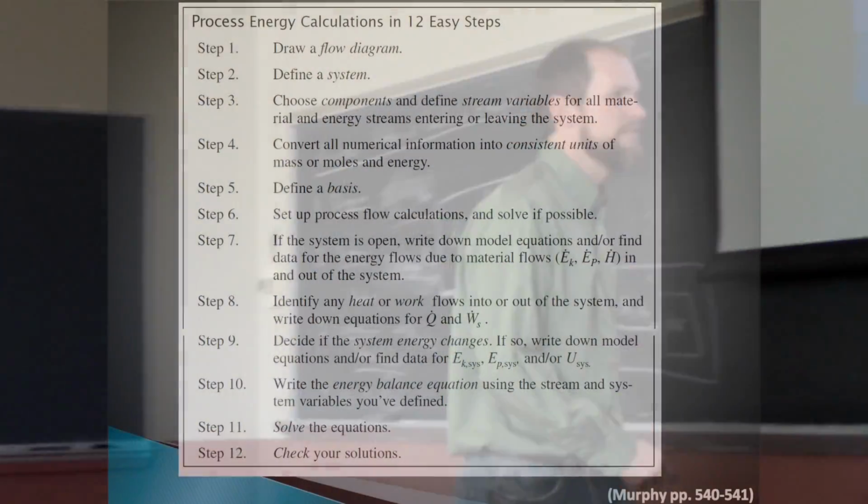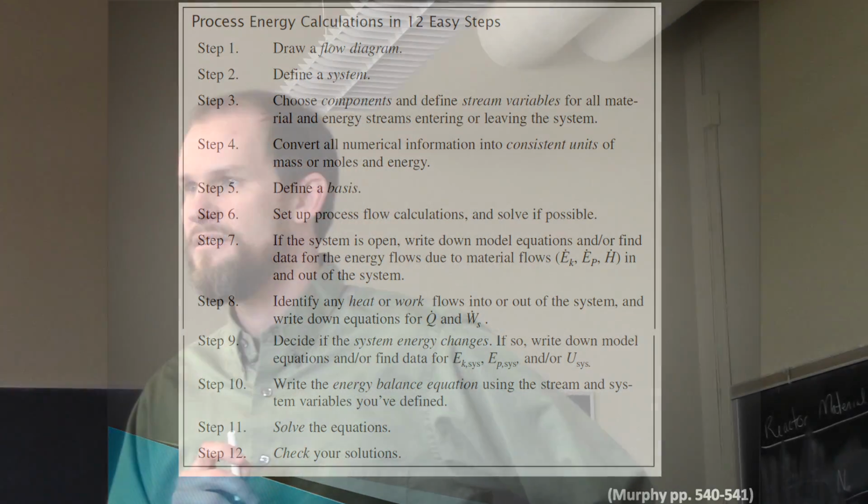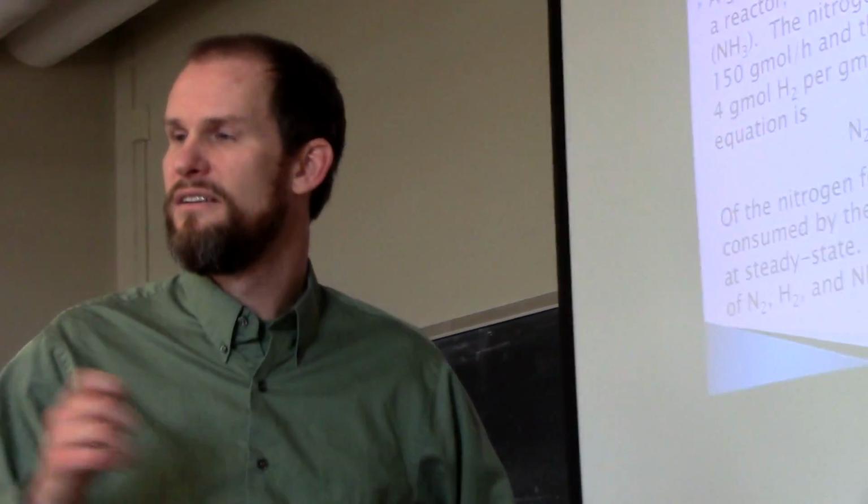Step 7 is stream and system specifications. You should do those yourself. Write out some equations with your partner. What specifications do you see in the problem, and can you write them in terms of all these variables now that we've written them down?